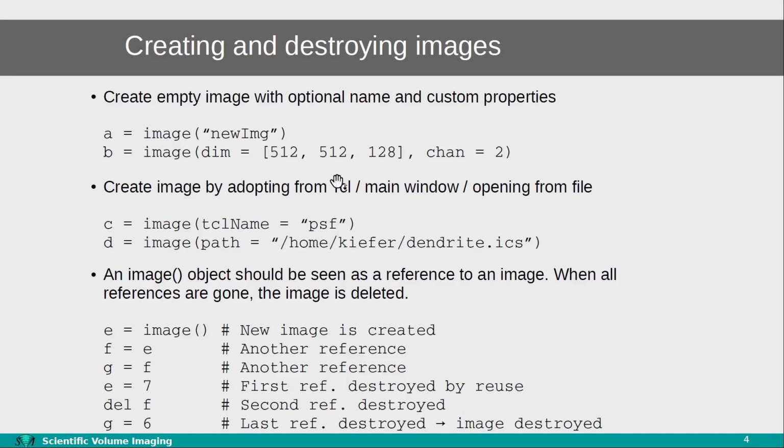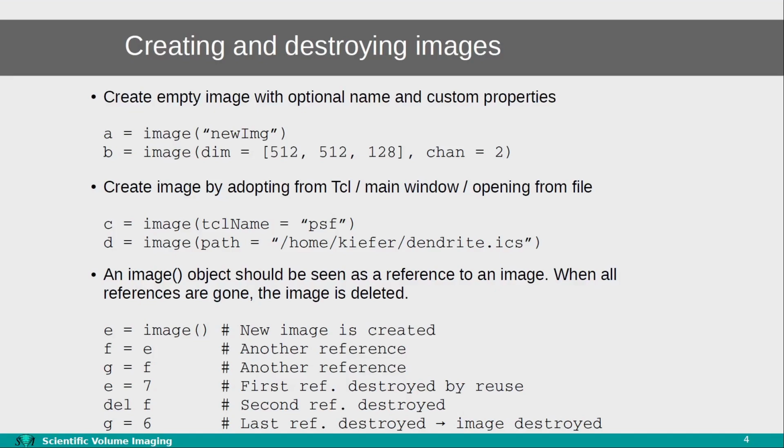So if you have an image and you know its name and you want to be able to access it in the Python shell, you can use something like this. You can say c equals image, and then you say Tcl name equals, and then the literal string of the image name, and that'll give you a reference to an image that already exists for which you know the title of the image.